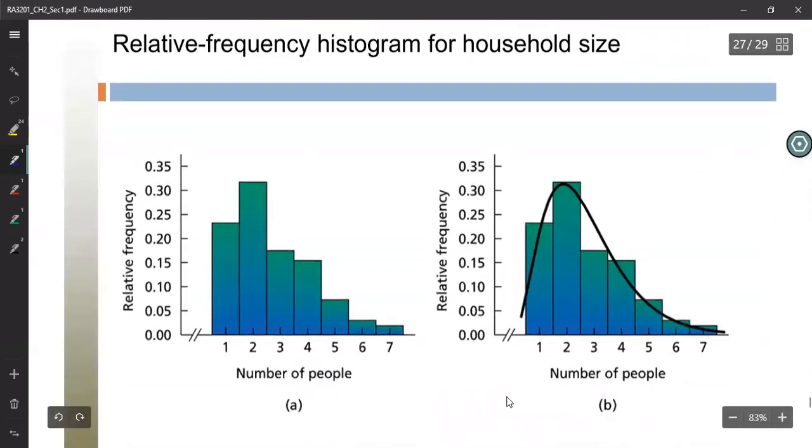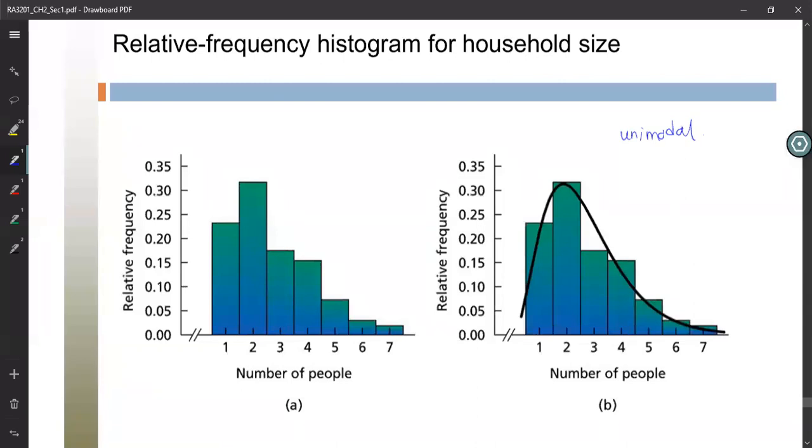Okay. So those are the shapes that you can get. So for example, what about this one? What do you see here? Is it unimodal or bimodal? You can see that this is unimodal. Is it symmetric? Do you think that it is symmetric? It is not symmetric, right? It is not symmetric, it's skewed. It is skewed to the right.